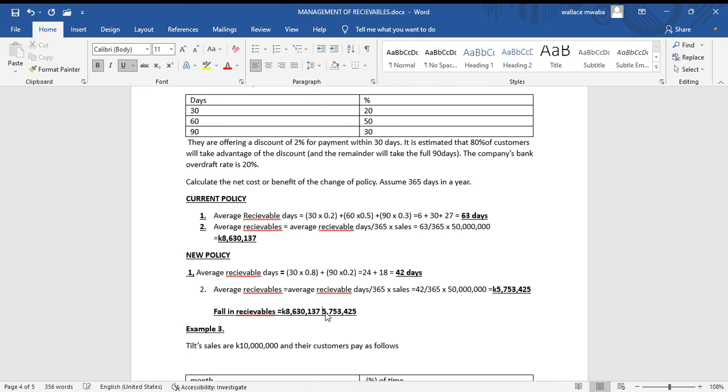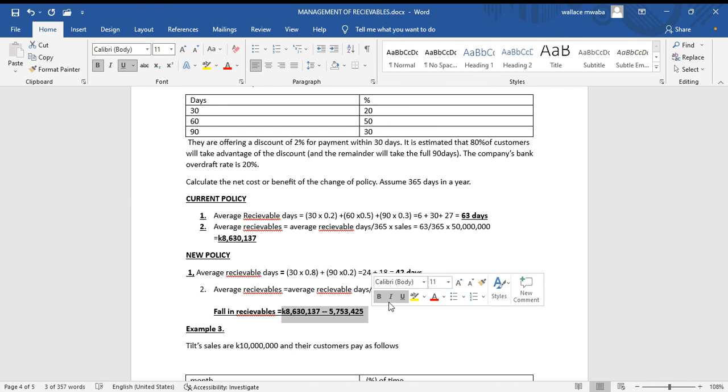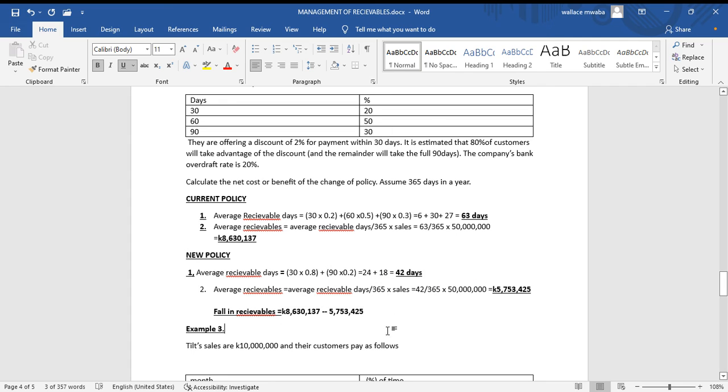Sometimes, if it's possible, you can have a business where you don't need any receivables. But in the business world, you need receivables because not everyone has the money to pay, and you gain more customers by offering credit sales and credit services.